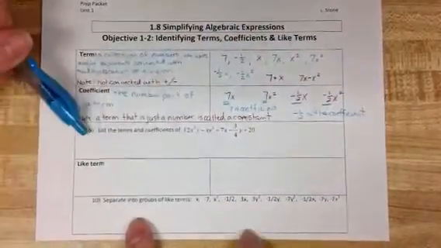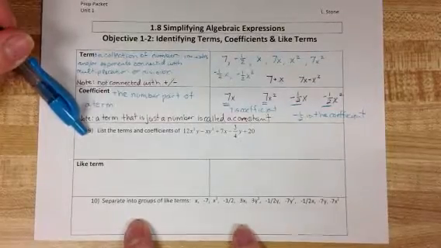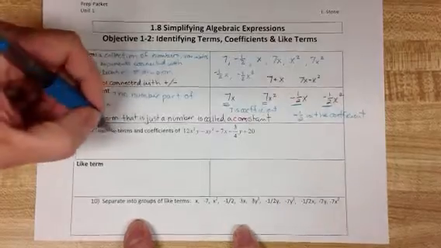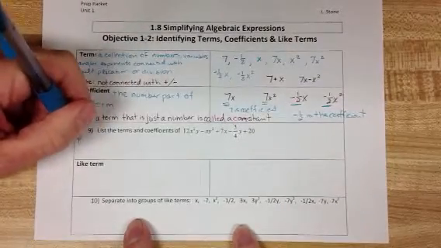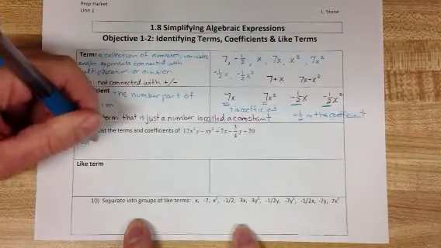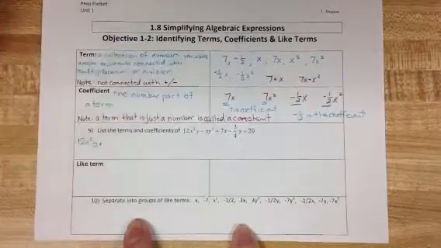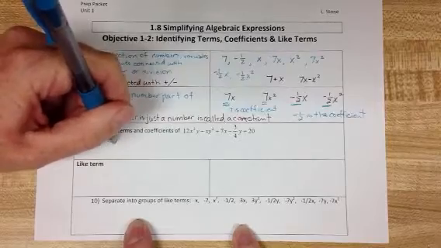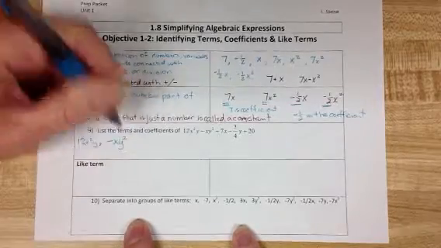So in this example, I'm asking you to list the terms and the coefficients in these different groups. So the terms would be 12x squared y, then a comma, because our next term is going to be a negative xy squared.